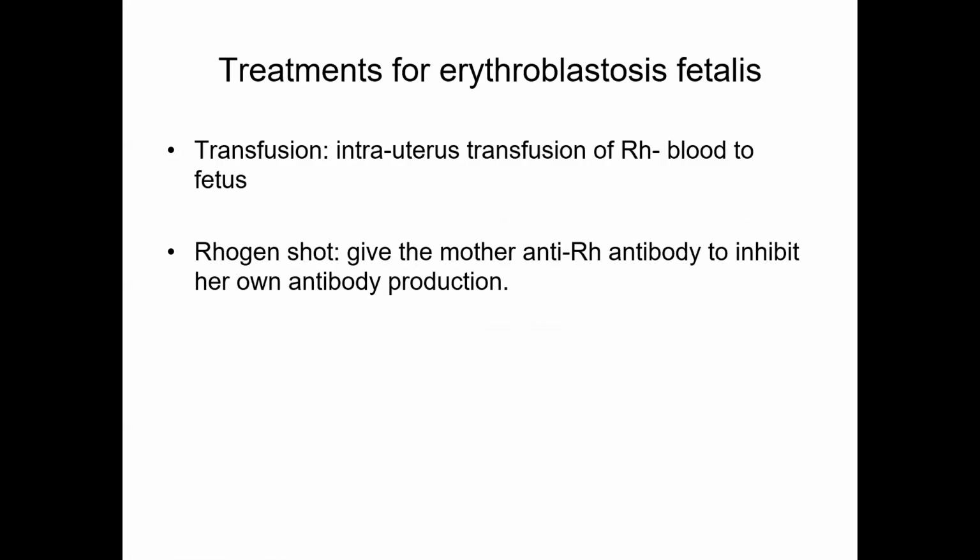Normally, 20 or 30 years ago, if a woman had Rh negative blood, the doctor would first ask, is this your first pregnancy or the second? If it's the first pregnancy, they left the mother alone and did not do anything. But now the practice is, as long as the mother has Rh negative blood, the Rogan shot is given, because sometimes the mother has had a miscarriage, which sometimes we don't even know.